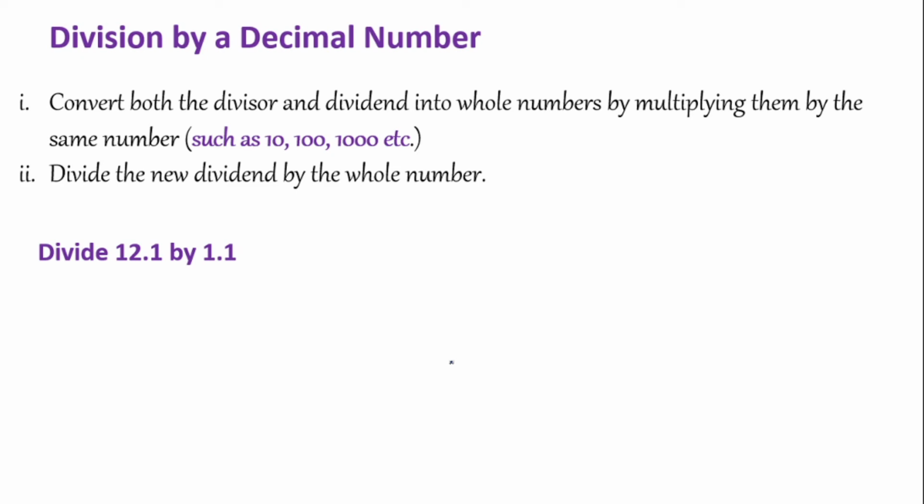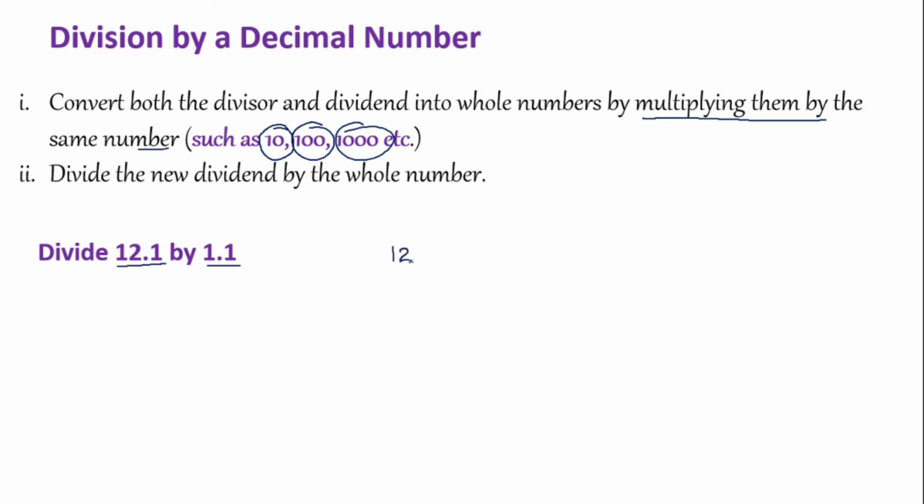So what the first step says is that you will convert both the divisor and the dividend into whole numbers by multiplying them by the same number, that is either by 10, 100 or 1000. So the first step is that you will multiply both the divisor, that is 1.1, and the dividend, that is 12.1, by 10.